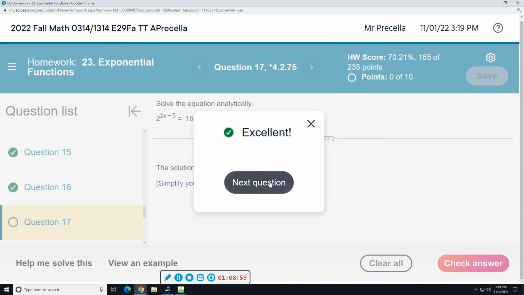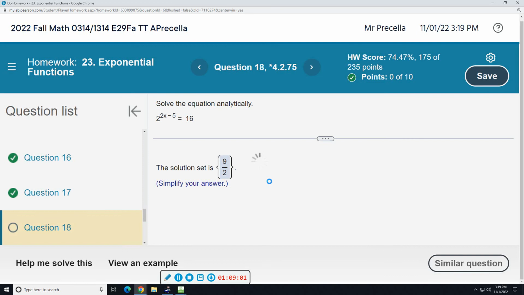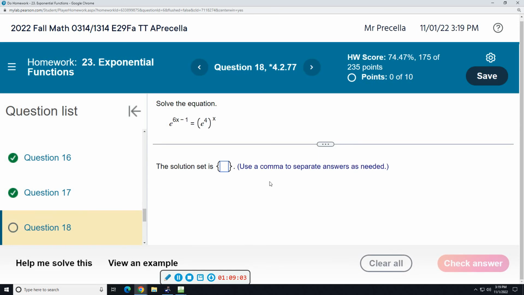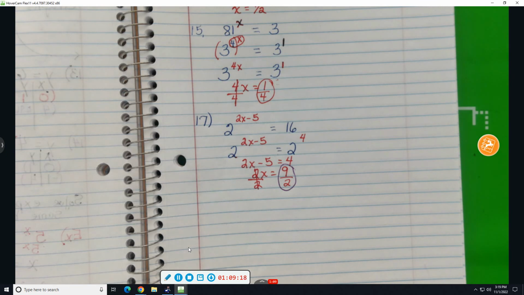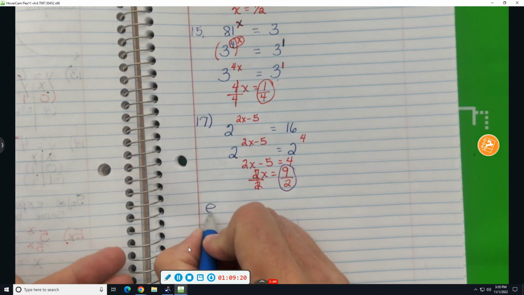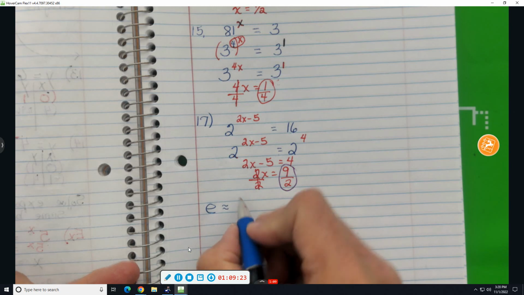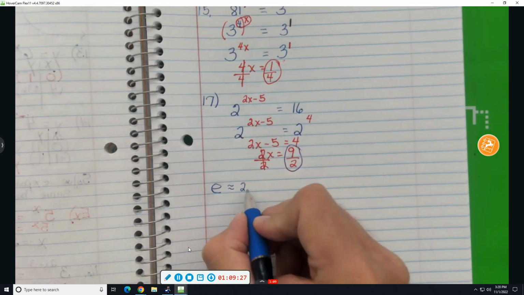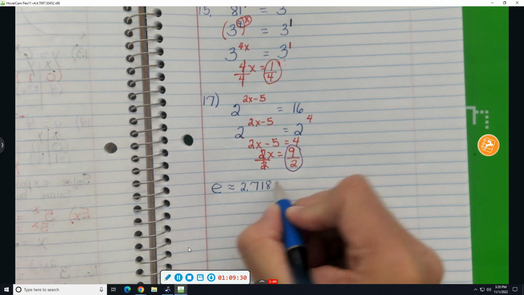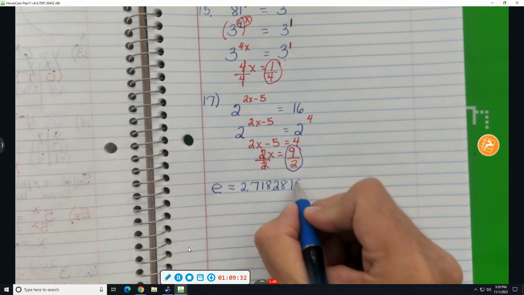Y'all ready for another one? This looks terrible. Can y'all tell what this letter is right there? It's an E. Let me go ahead and write down, in math, the lowercase letter e is used to denote a number that's approximately equal to 2.718281828.